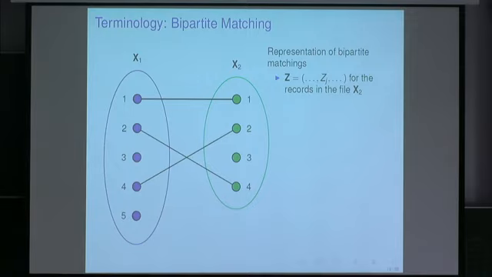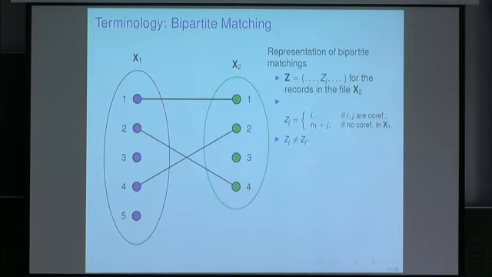So there's going to be one label zj for the jth record in the file 2, and that label is going to be equal to i if records i and j are coreferent, and it's going to be equal to n1 plus j, where n1 is the size of the first file, if record j doesn't have any match in the first file, okay?